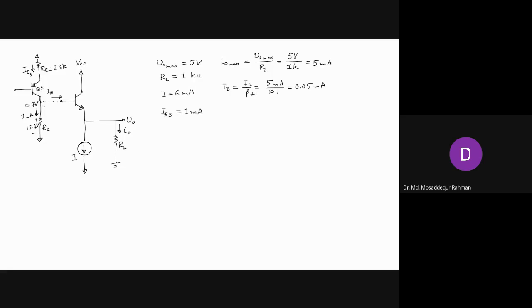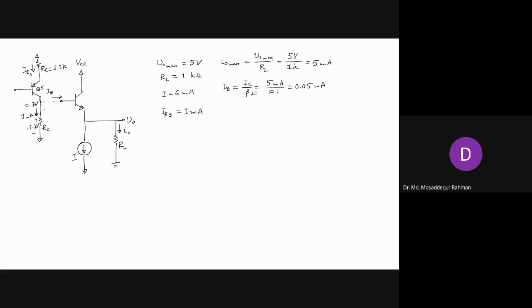Now, when this one is connected to this, we see that this IE has to supply not only this current, but also the base current of this one. So 0.05 milliampere will go from this 1 milliampere of current. So you will not get exactly 1 milliampere here.